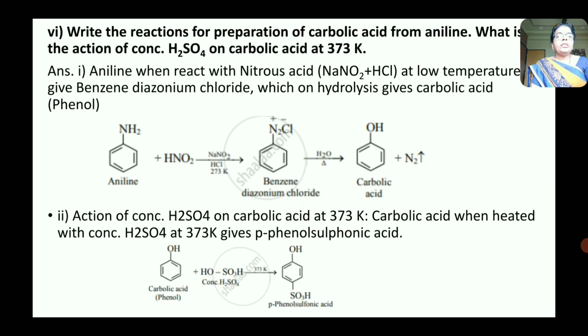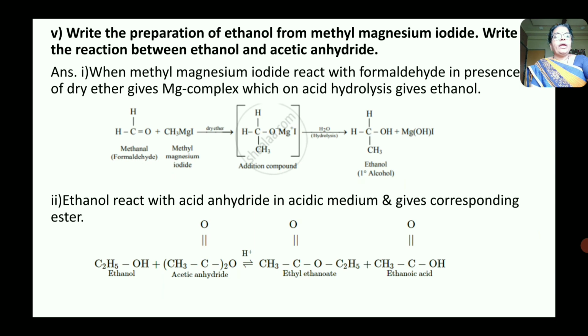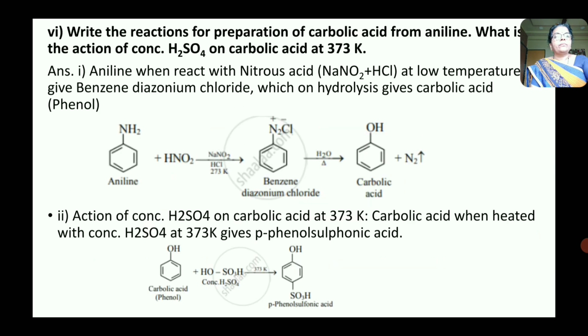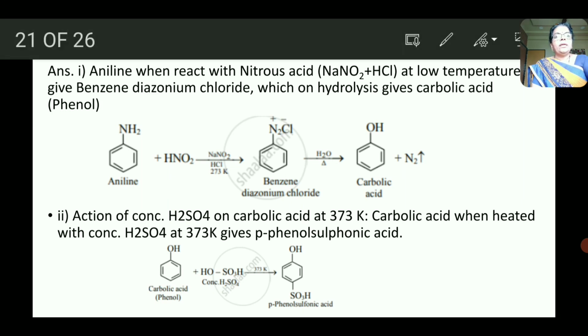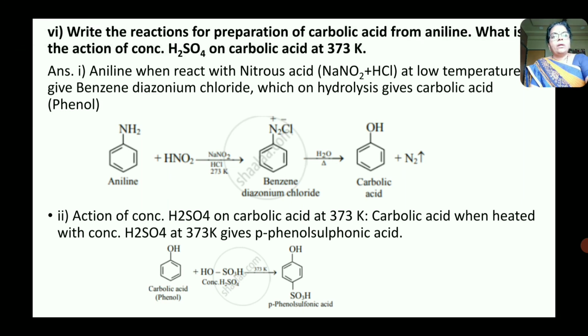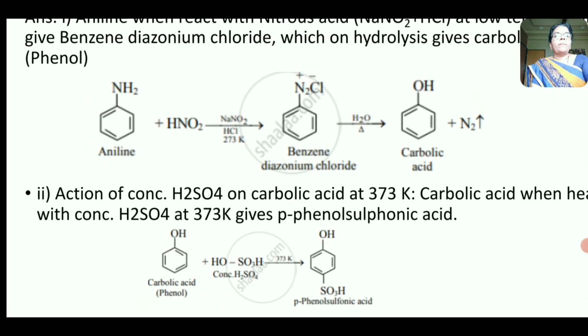And when phenol is treated with concentrated H2SO4 at 373 Kelvin, then we'll get paraphenol sulfonic acid. That is, at higher temperature we'll get paraphenol sulfonic acid. This is the reaction. That is action of concentrated H2SO4 on carbolic acid at 373 Kelvin, formation of paraphenol sulfonic acid.